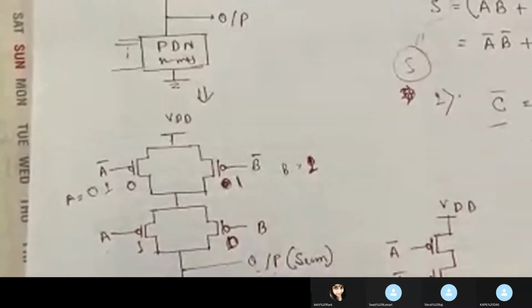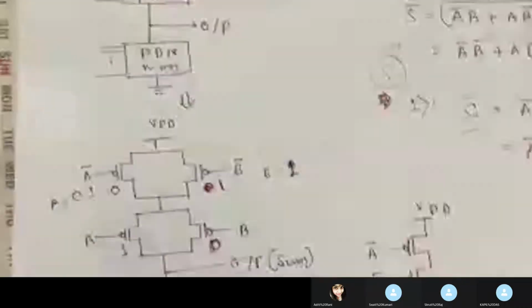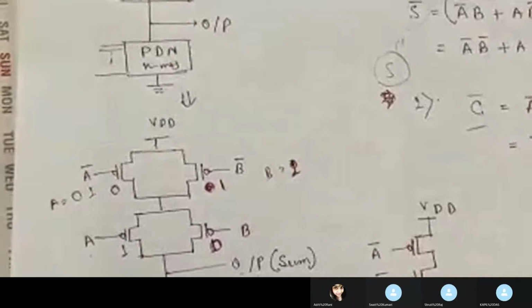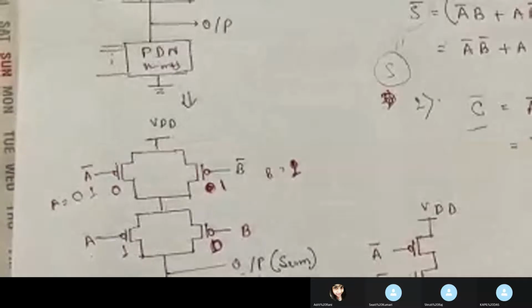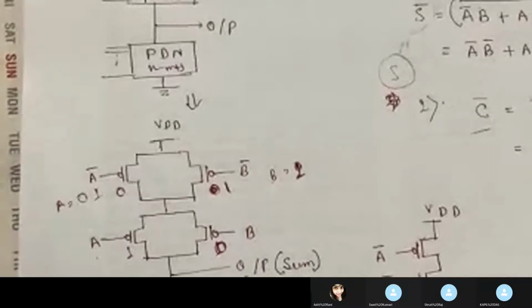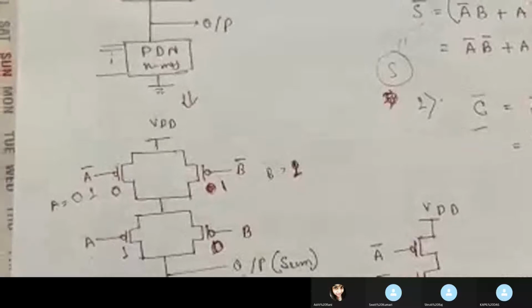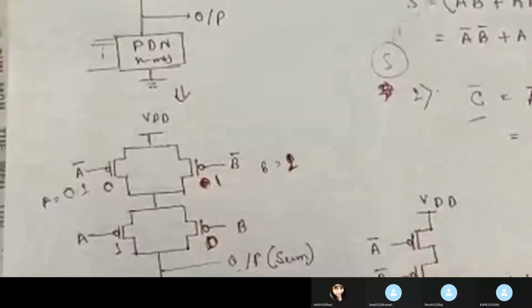And here it will become 1. A is 0, sorry, A is 0, and B is 1. Here also, B is equal to 0 and B will be 1. 1 means it will be 0. Right? So now you can see it from here.